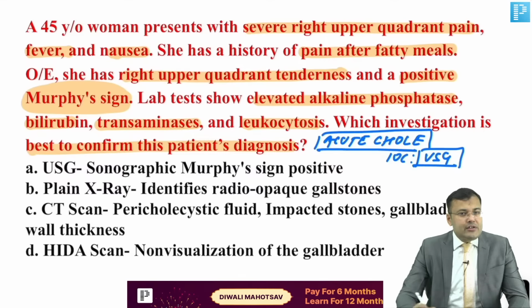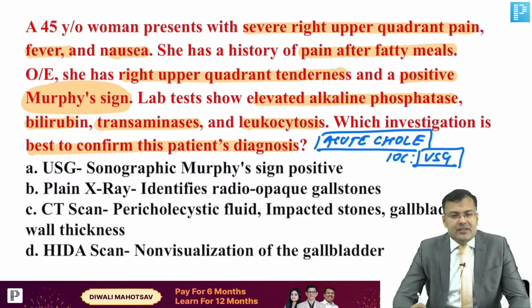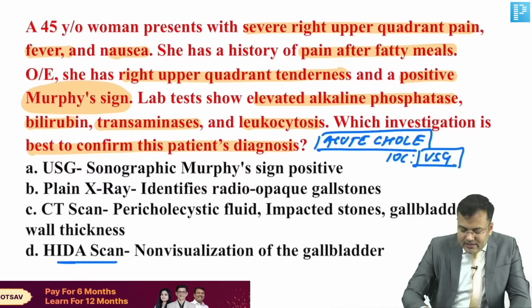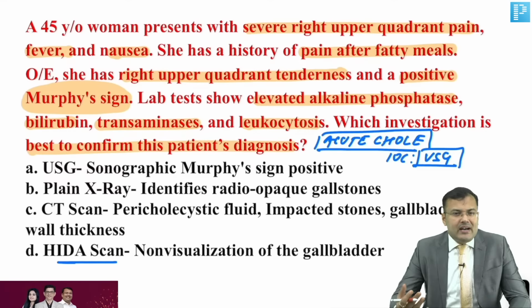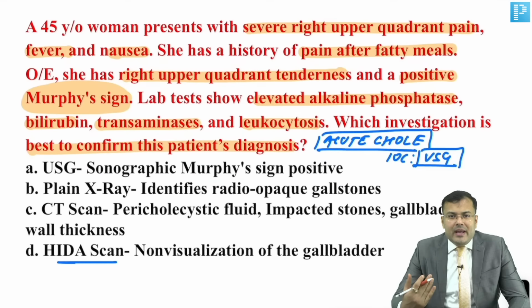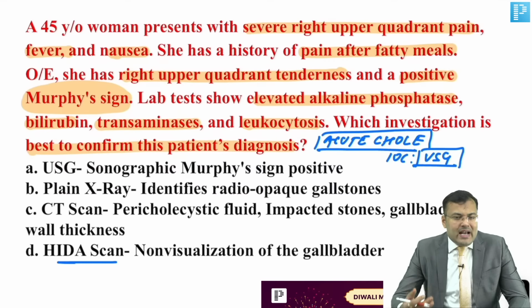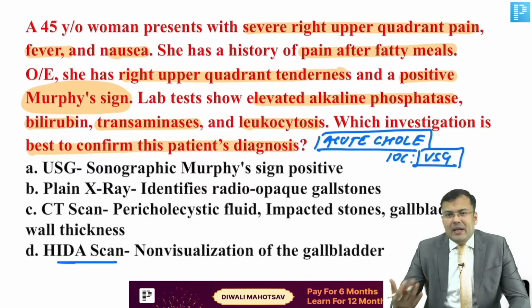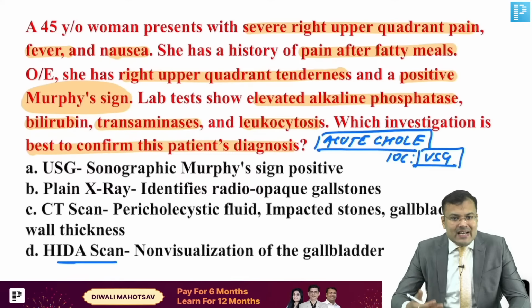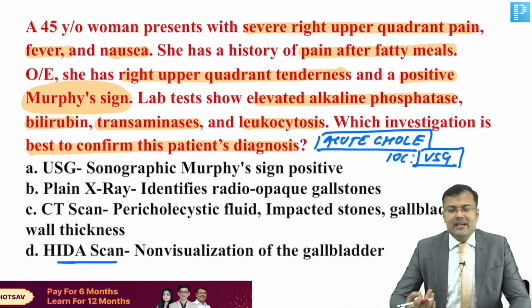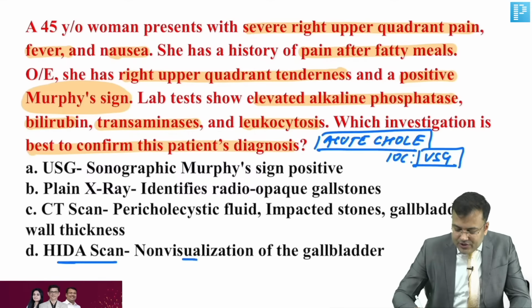And can you tell me what the gold standard investigation is? The gold standard is the HIDA scan. What is the full form of HIDA? It is hepatobiliary iminodiacetic acid scan. And what is the finding? There is non-visualization of the gallbladder.